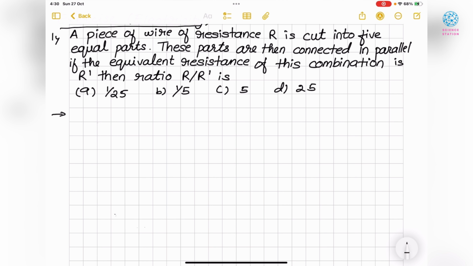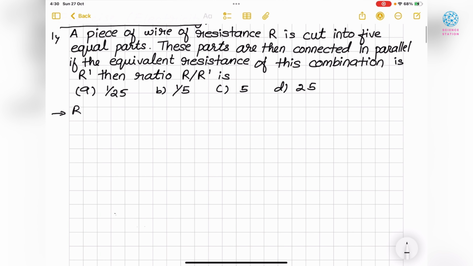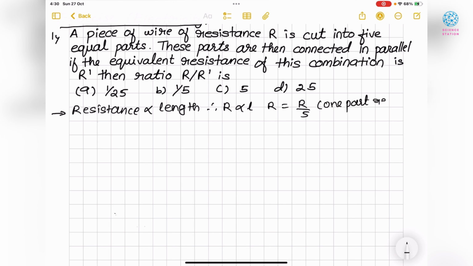So see, we know that resistance R is directly proportional to length L, and here I have broken the R into 5 equal parts. So the resistance of 1 part will be R upon 5.